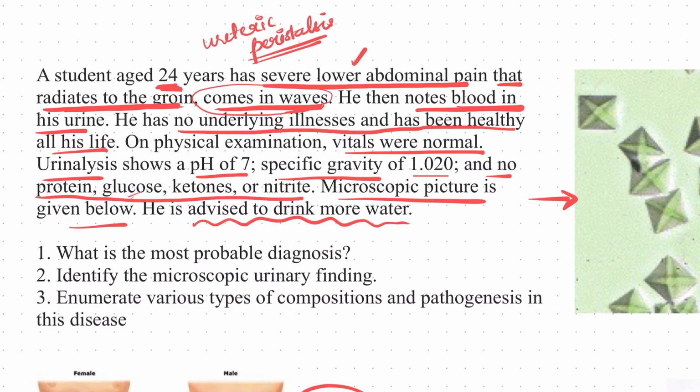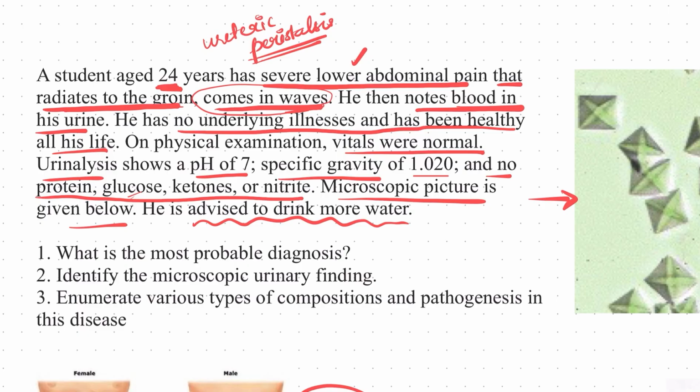He then notes blood in urine. So hematuria, the most common cause of hematuria is renal stone or ureter stone. Because of mechanical trauma, the stone impinges on the ureteric walls and causes mechanical trauma to it during its passage through this tract. So blood in urine is highly suggestive of renal stones, although glomerular pathology is also a reason for hematuria.